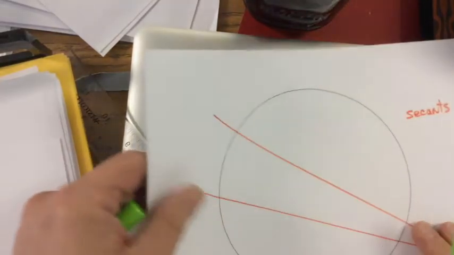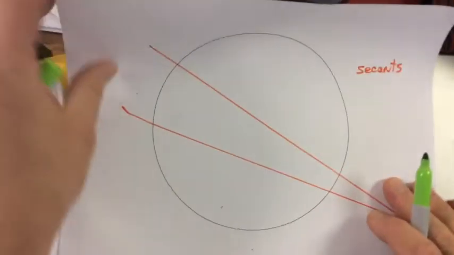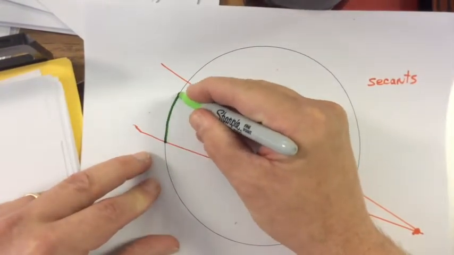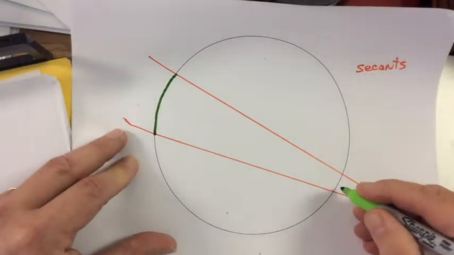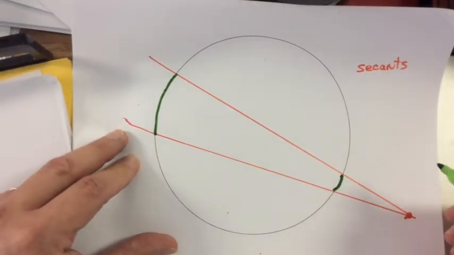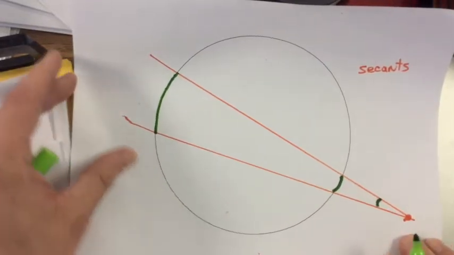In terms of the angles here, if you take the large arc and subtract the small arc and divide it by 2, you'll get the angle measurement here.